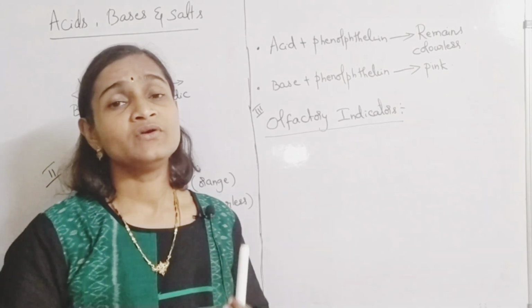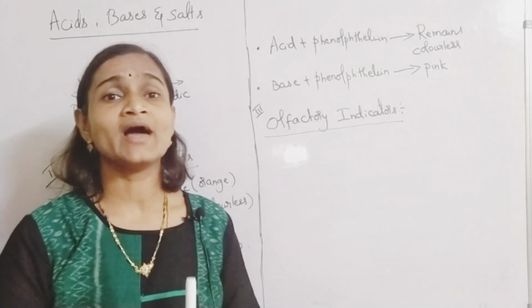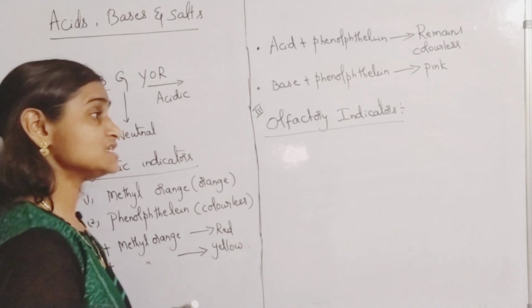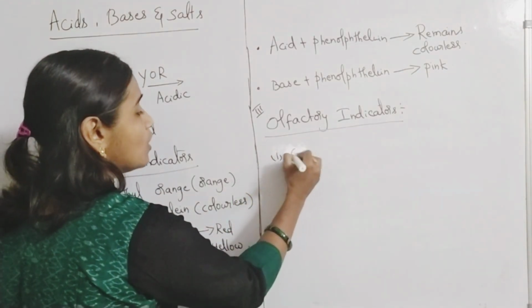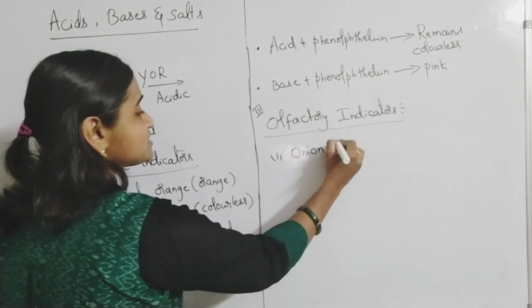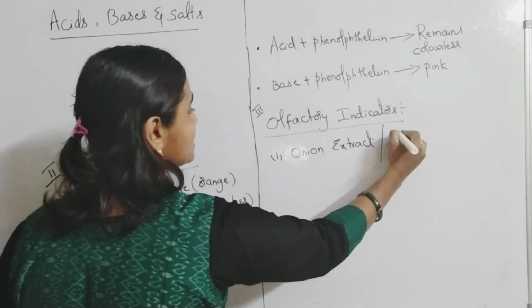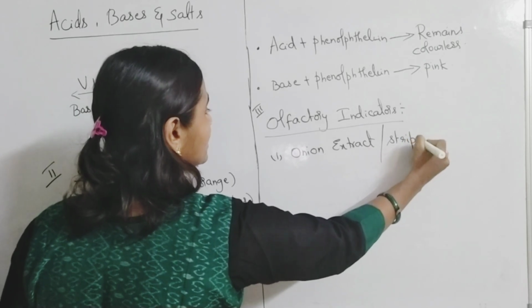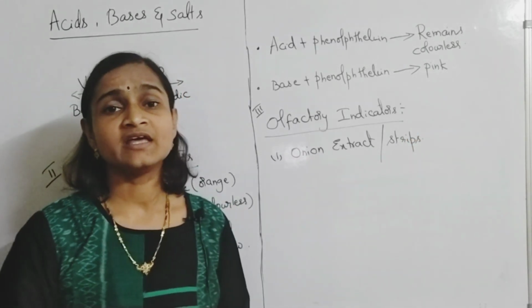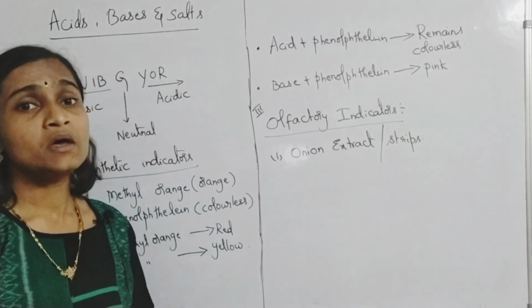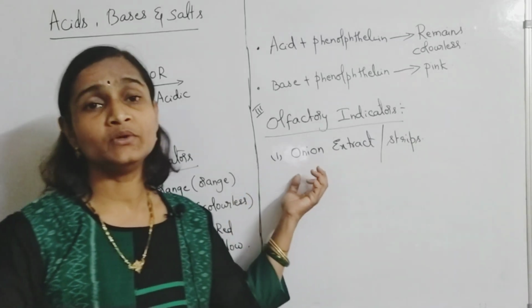If you take the example for olfactory indicators, the first and best example is onion extract, or onion strips. You can make onion strips to indicate whether the given substance is acidic or basic. How can you do this?